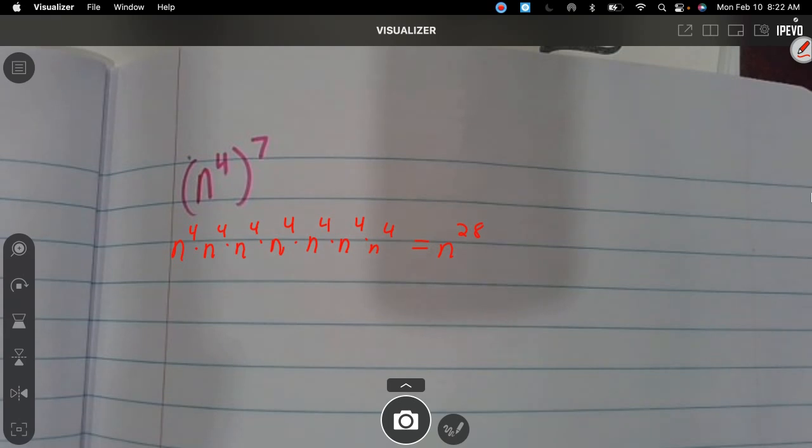Does everybody understand that? So, when it's a power to a power, you multiply the exponents. Otherwise, you're going to be writing that out and then trying to add them up. All right, so your shortcut is to just multiply. What's 4 times 7? 28. There's your answer. No need to write all that out. Okay? But that's why you do that.